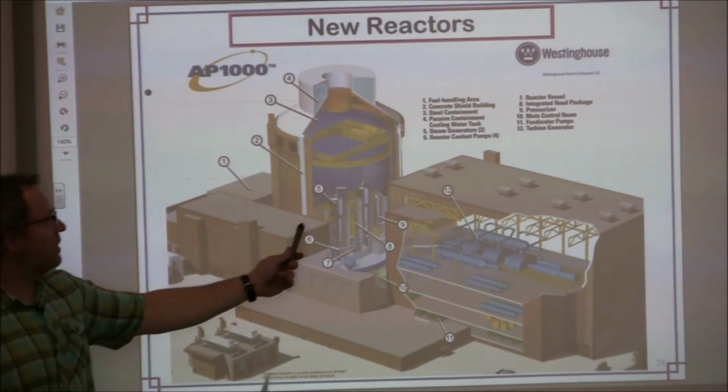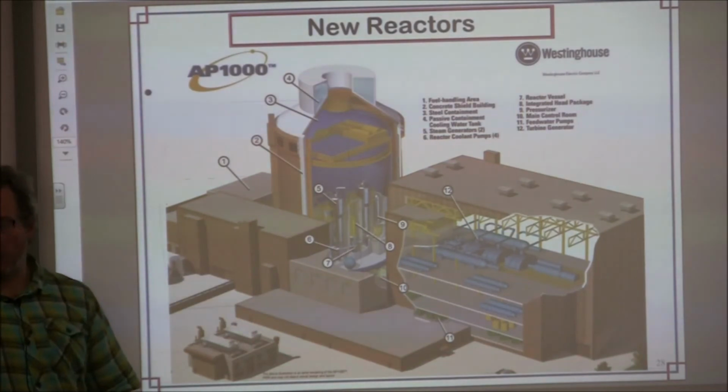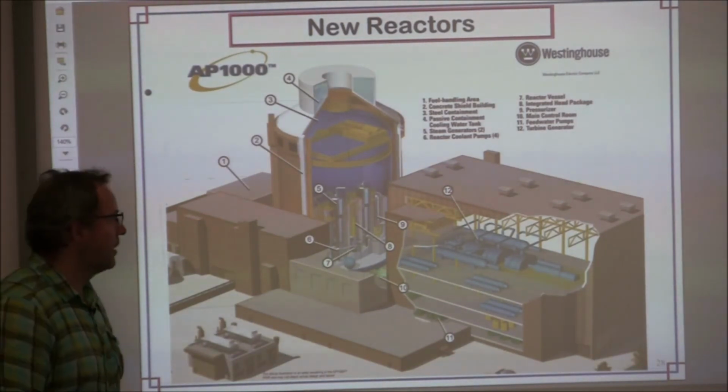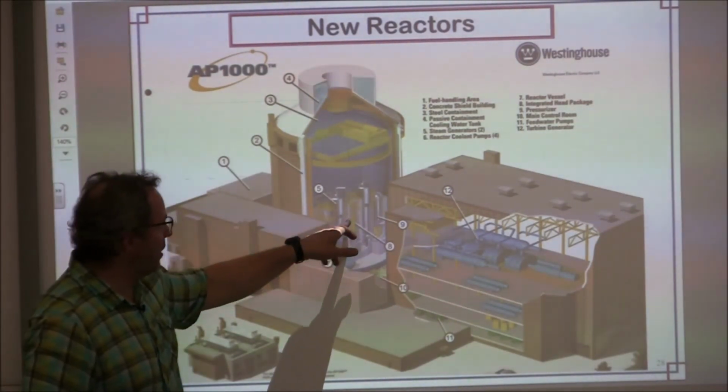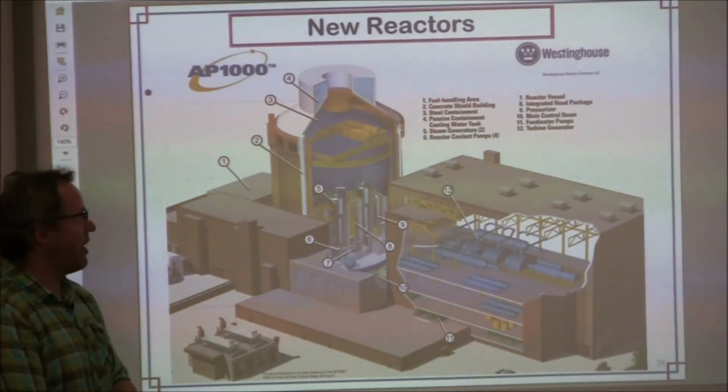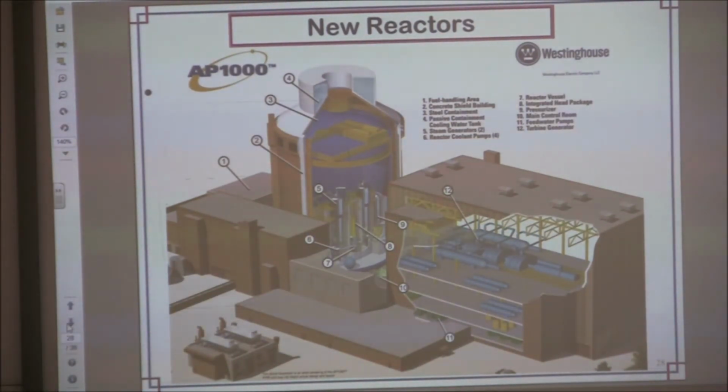You only have 2 steam generators, 4 reactor coolant pumps to circulate the primary. Your vessel is down here, hard to see, sorry about that, but everything else is the same. Just a slightly different fuel design and the addition of water at the top. So as you rain down, that's absorbing the heat, it flashes back up as steam, gets to the top, it cools down, and rinse and repeat the cycle.